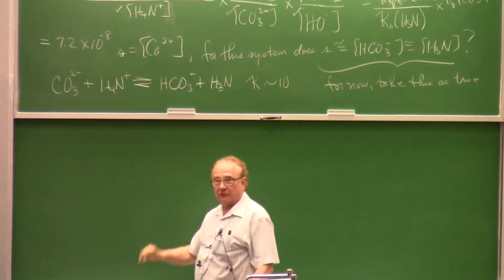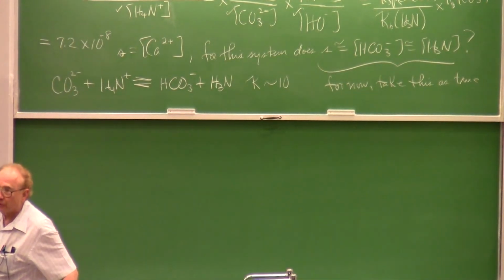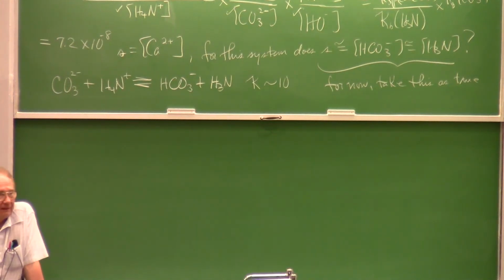If we take this as true, how can we, in short order fashion, calculate the solubility of calcium carbonate in our 1 molar ammonium chloride solution? Because notice what we've taken to be true. Calcium ion molarity, bicarb molarity, ammonia molarity, all the same.